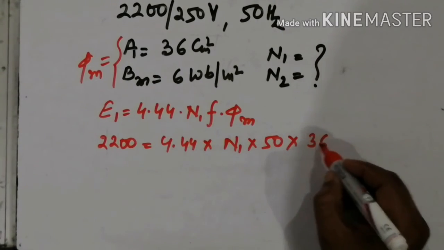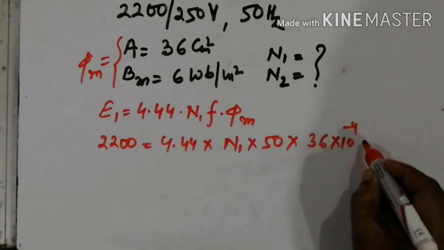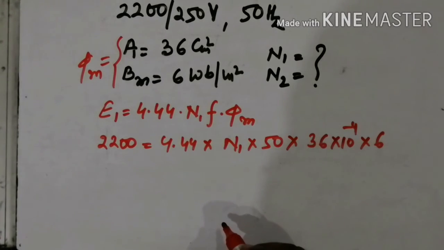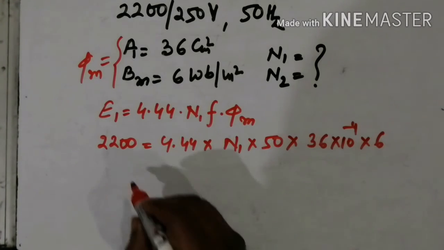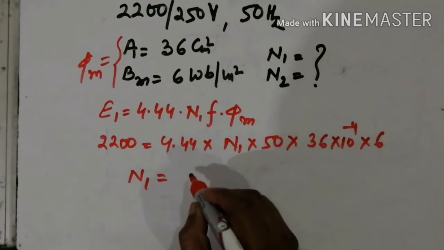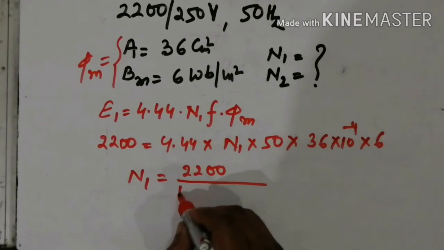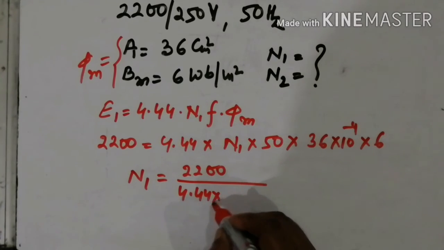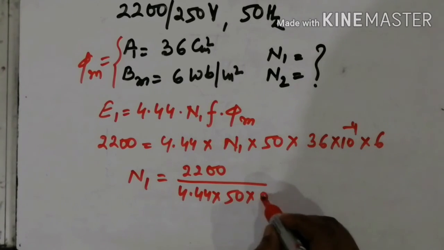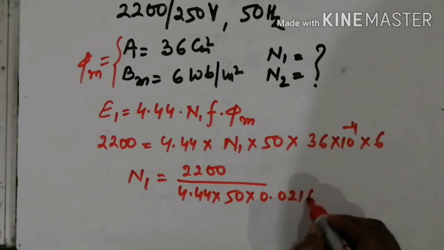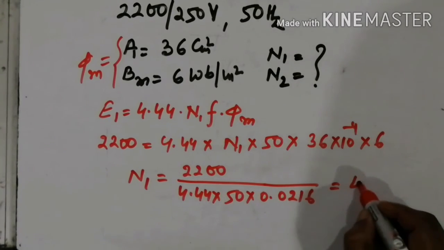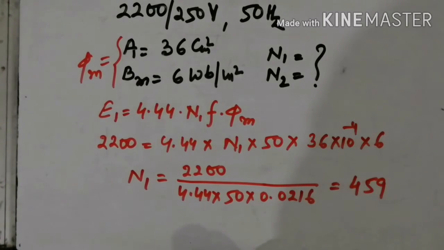So it is 36 into 10 to the power minus 4 into 6. Right? So the value of N1 is 2200 whole divided by 4.44 into 50 into 0.0216. Finally it is 459.